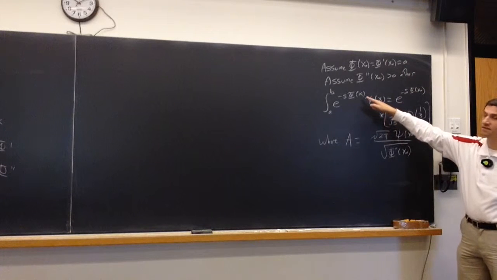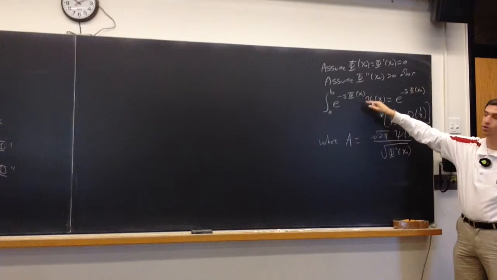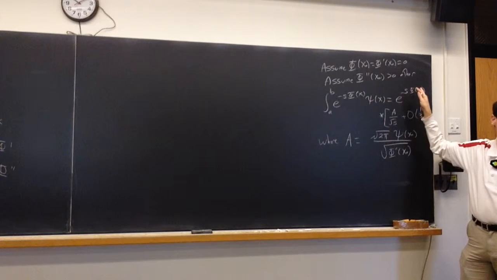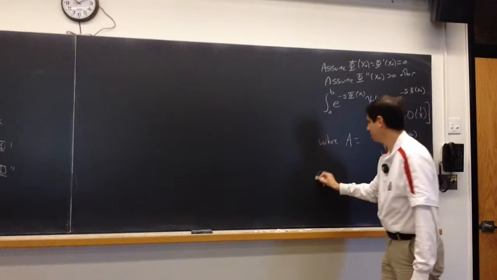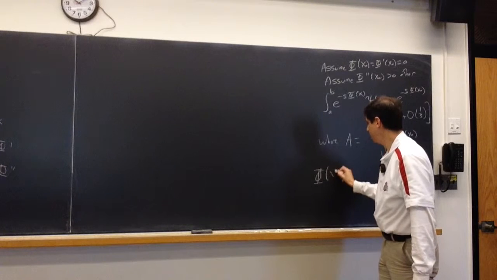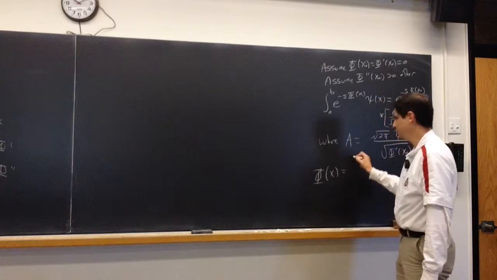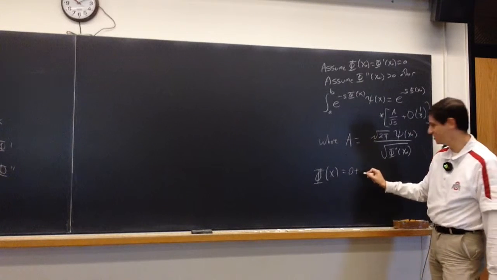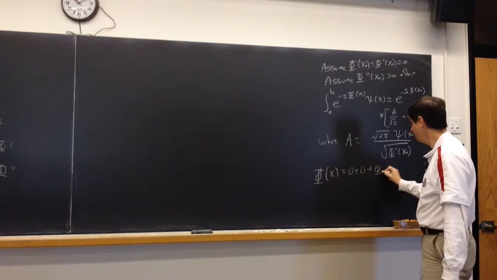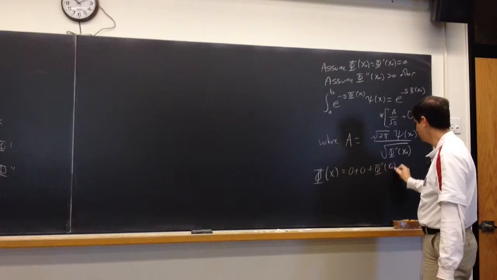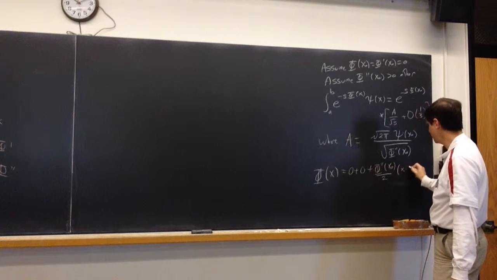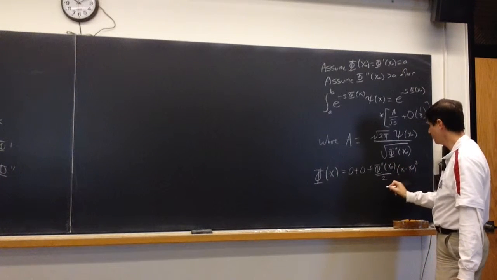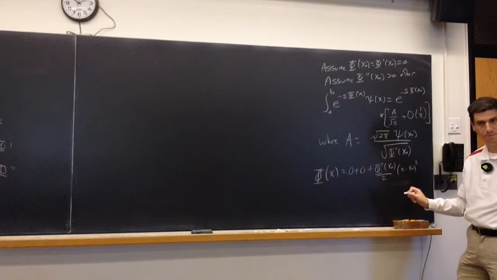So if we expand phi of x, it's going to look like a quadratic plus a small pollution. So we expect phi of x to be phi of x naught, which is 0, plus phi prime of x naught, which is 0, plus phi double prime of x naught over 2, times x minus x naught squared, plus higher order terms.